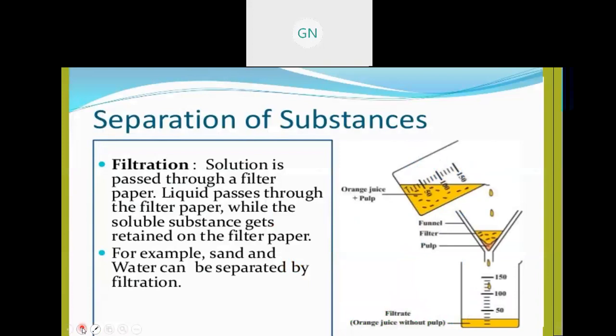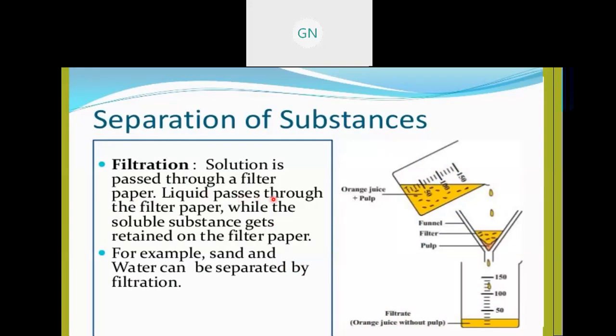Let us see filtration. The solution is passed through a filter paper. The filter paper has small holes, so the solid particles are retained on the filter paper and the clear solution comes into the other beaker.